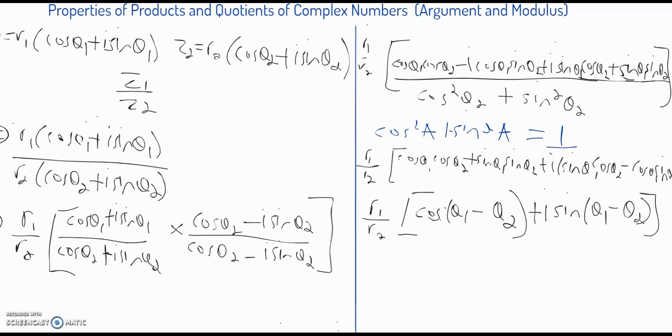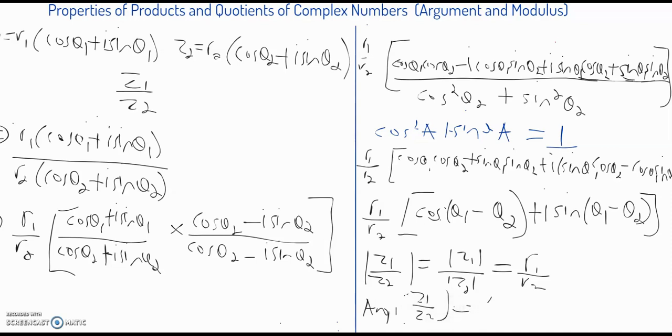Because notice now we can actually say that the modulus of z1 over z2 is simply equal to the modulus of z1 over the modulus of z2, which is equal to r1 over r2. And when we speak about the argument of z1 over z2, it is simply going to be equal to the argument of z1 minus the argument of z2.